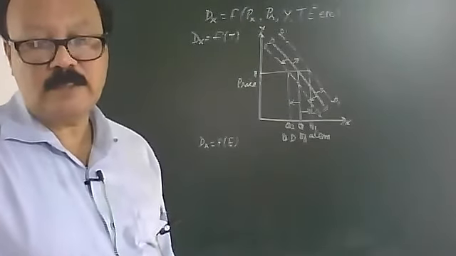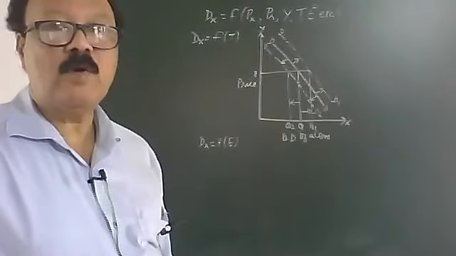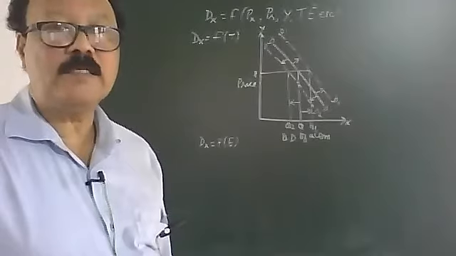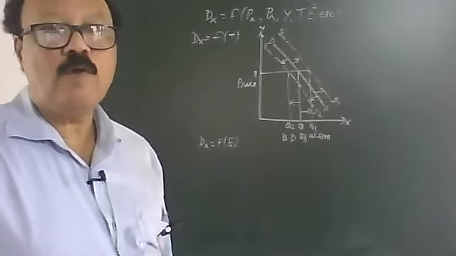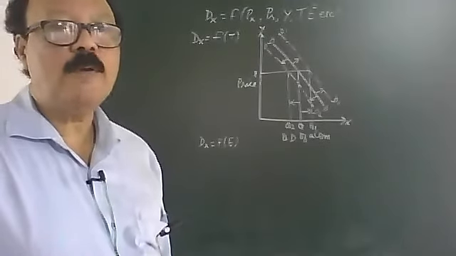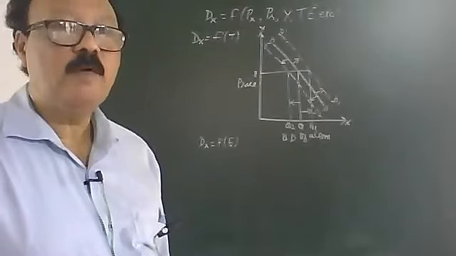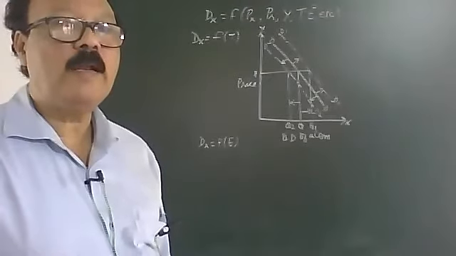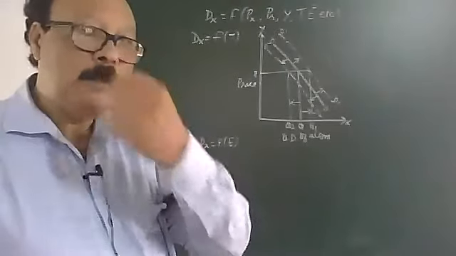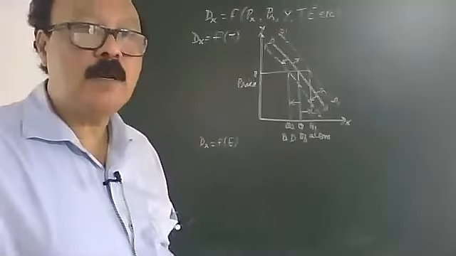Vice versa means if a consumer knows that in the future the prices are going to drop, what would he do? He would stop his purchase for the present, wait for the price to drop, and then go and buy his good or his commodity.